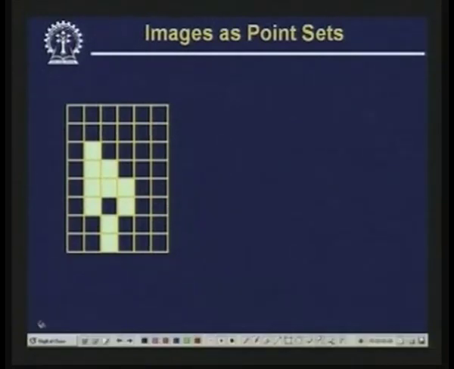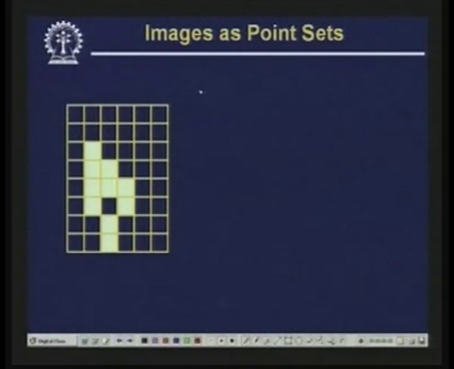Looking at this example, where I have shown a binary image, the shaded regions represent the object pixels and the black region represents the background pixels. Here you find that this particular binary image can be represented by a set of points.